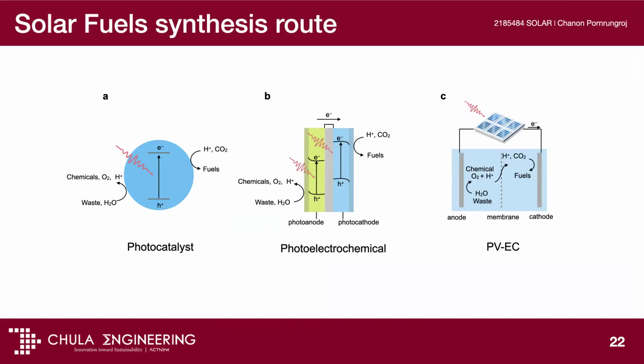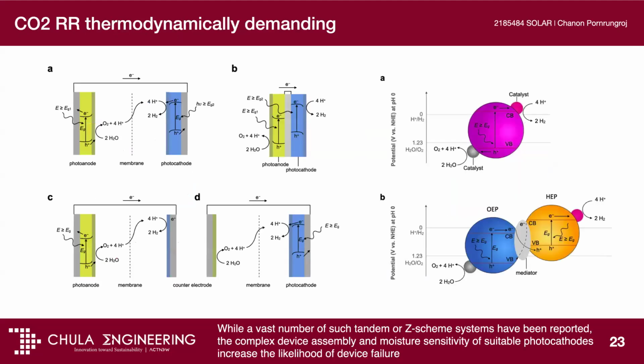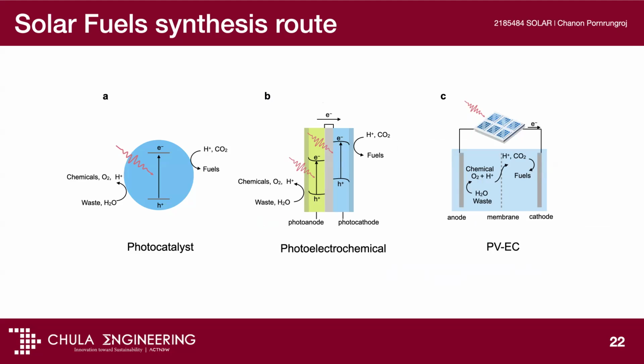Okay. So for this class, because today I have to leave a bit early, I will just leave you with the basic understanding of solar fuel synthesis routes. So this is the main route that I would like you to understand in today's lecture. There are three main ways to make chemical energy out of solar energy.